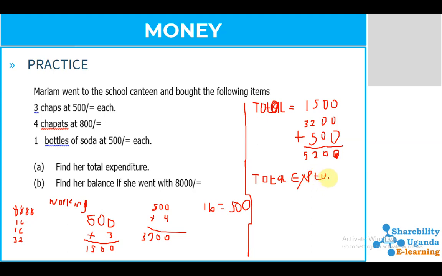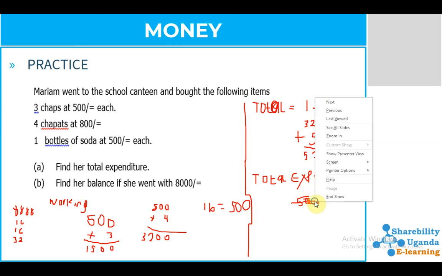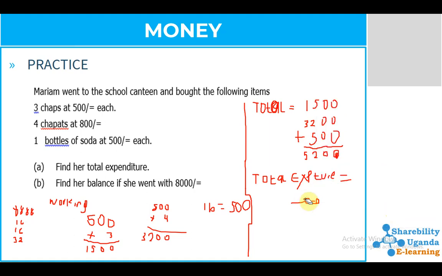Our total expenditure will be equal to 5,200. Let me first wrap this. So our total expenditure is going to be 5,200. You ensure that you write it here.